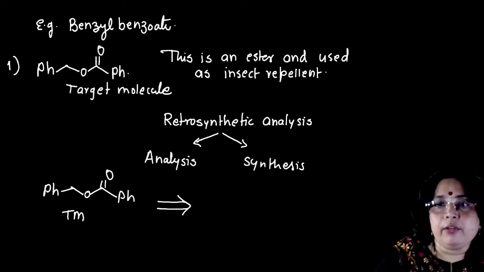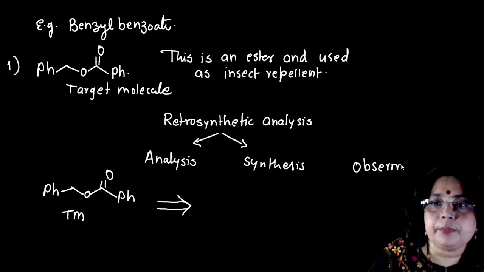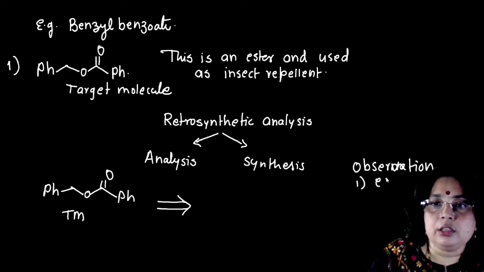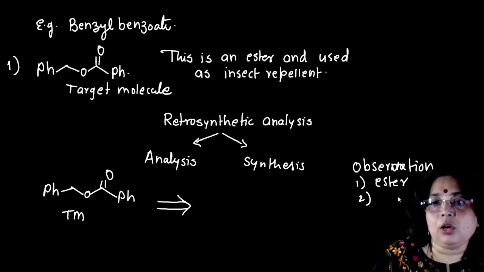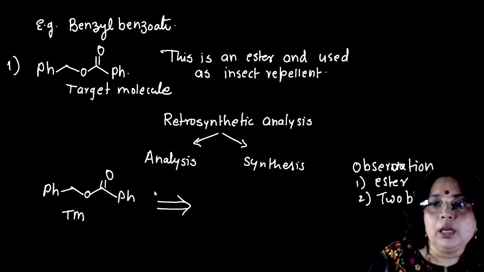So here I can write my observations for the target molecule. I have seen the ester group in the molecule. Another observation is that two phenyl rings are there. So this is also a very important factor.